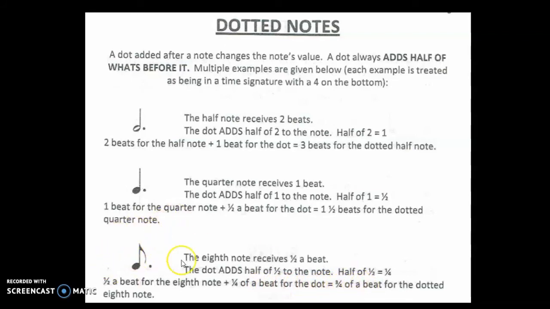So you can actually think of these as 3 16th notes all tied together. So one quarter note would be equivalent to 4 16th notes, and you could fit 3 of those 16th notes in this dotted 8th note rhythm.